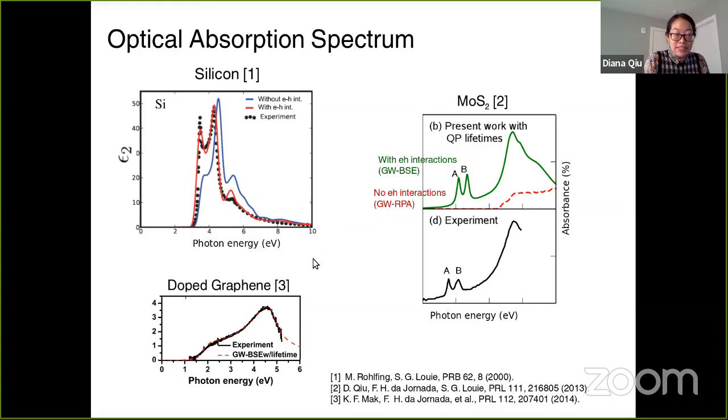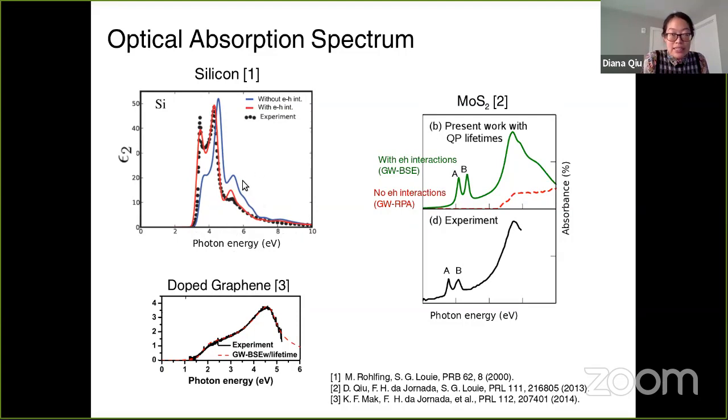I'd like to emphasize here that solving the Bethe-Salpeter equation is really necessary to give you qualitatively correct optical absorption spectra. If you look at this optical absorption spectrum for silicon here, the black dotted line is the spectrum from experiment. And this blue solid line is what you would get at the GW level if you neglect the electron-hole interactions.